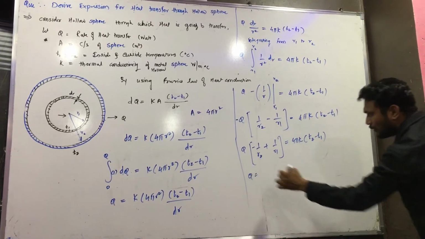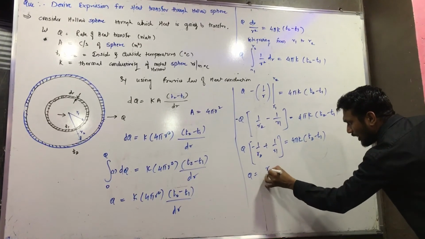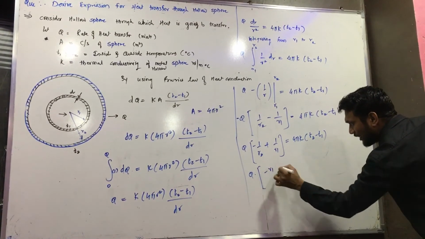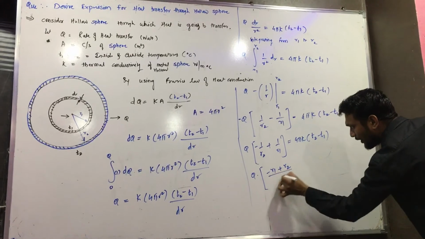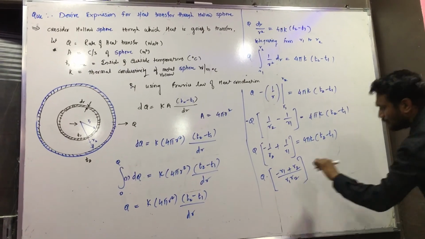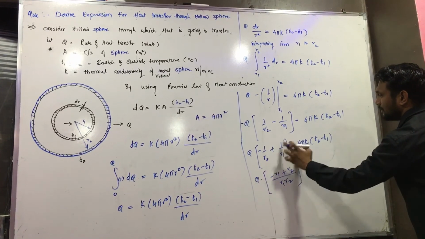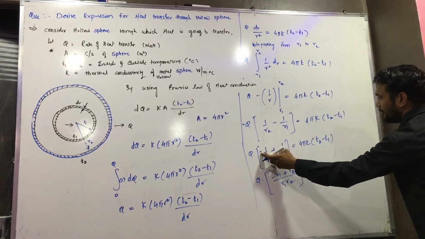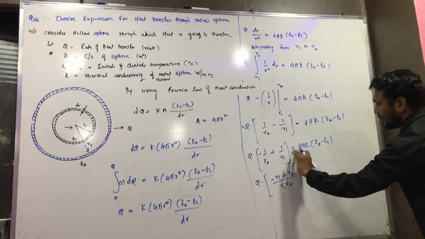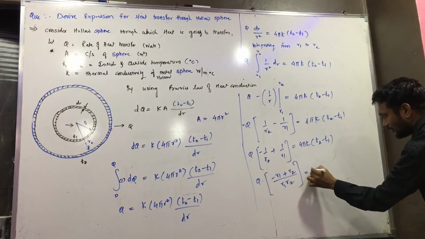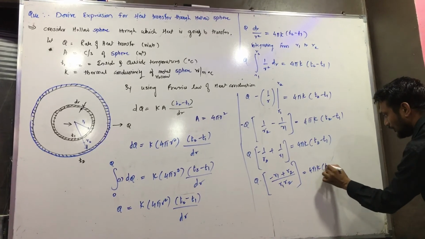So Q times the bracket (minus R1 plus R2) divided by R1 into R2 is equal to 4 pi k (T2 minus T1).